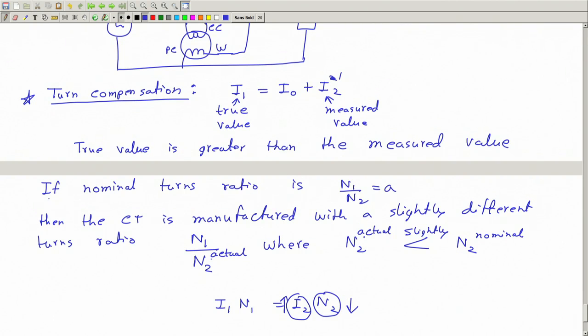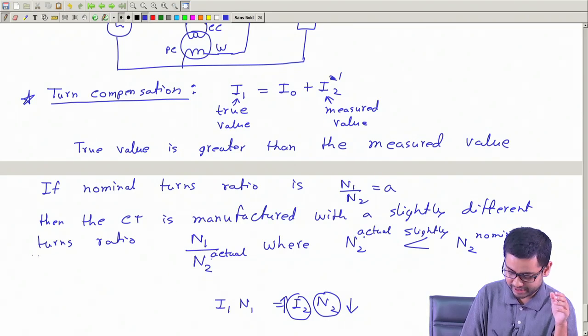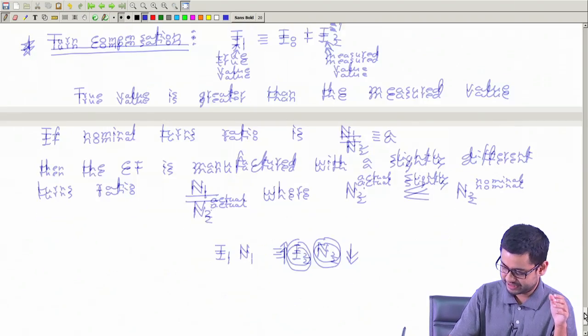The problem we have seen is that the true value is greater than the measured value, or the measured value is less than the true value. So with this arrangement we can get that error somehow compensated. This is called turns compensation. So CT will be manufactured with a slightly different turns ratio like this.